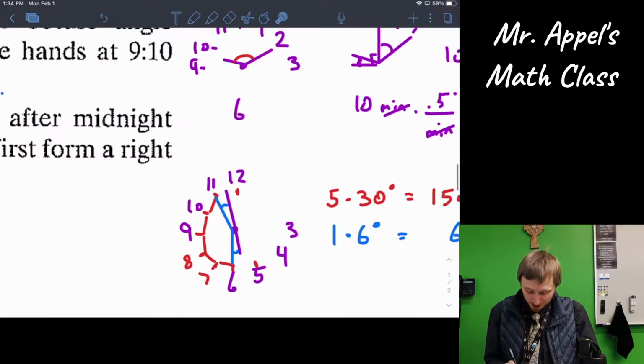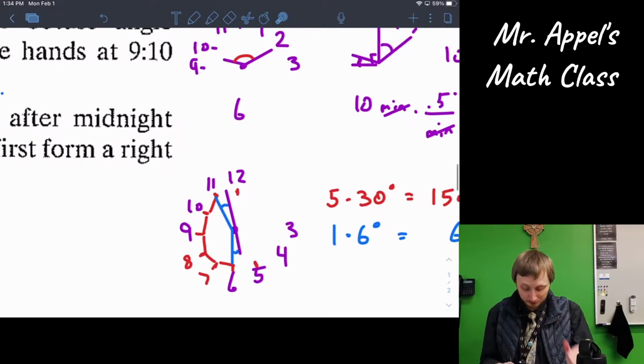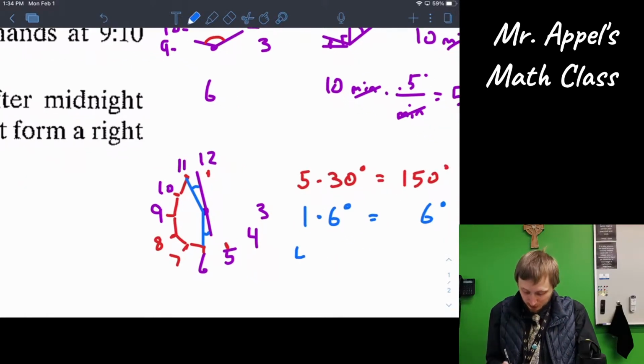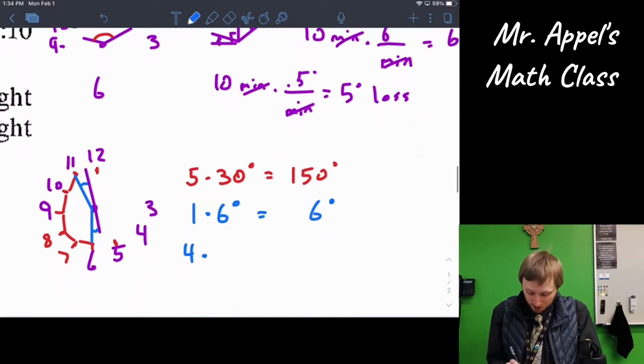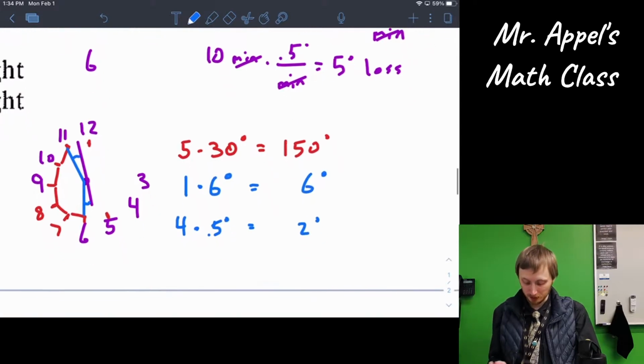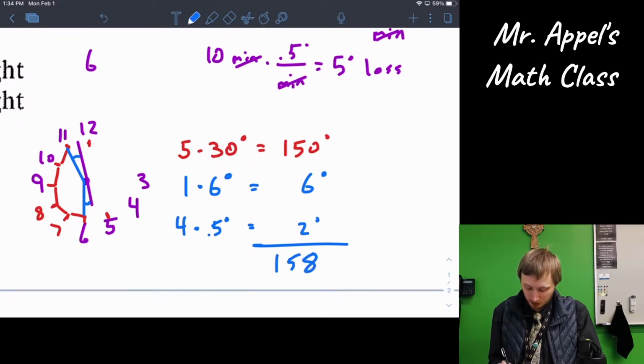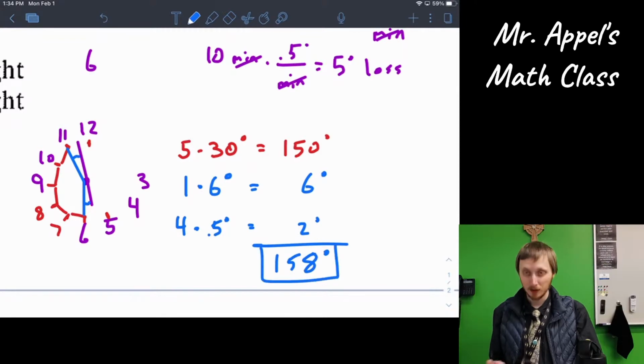So that means the hour hand is 4 minutes away down here. So that's going to be 4 minutes times the hour hand moves 0.5 degrees per minute. So 4 times a half is 2 extra degrees. So now we add those all up. 150 plus 6, 156, 158 degrees. There's my final answer.